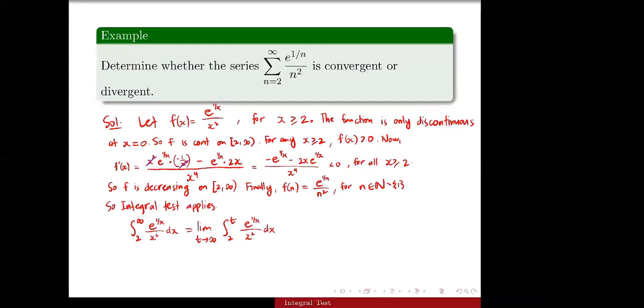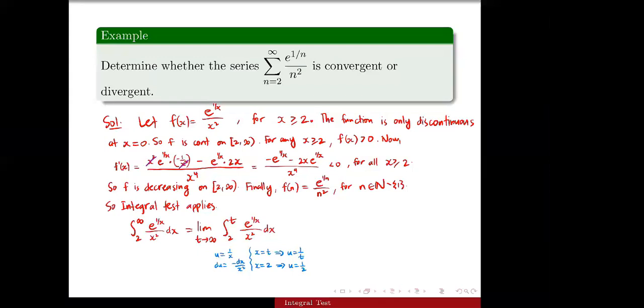And in here, we can let u be equal to 1 over x, du is negative dx over x squared. And then you have x equals t implies u equals 1 over t. x equals 2 implies u equals 1/2.